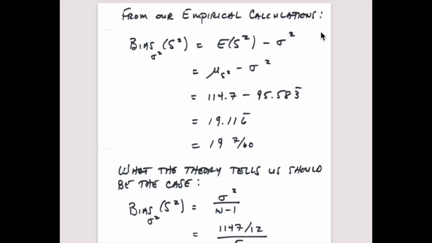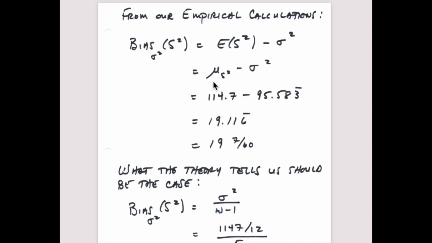From our empirical calculations, we can do two things here. We can use our empirical calculations to calculate the amount of bias that S squared has as an estimator of sigma squared in this particular situation, and then we can compare that to what the theory says it should be. Now, the bias of S squared as an estimator of sigma squared is equal to the expected value of S squared, in other words, the mean of the sampling distribution of S squared, minus the population variance.